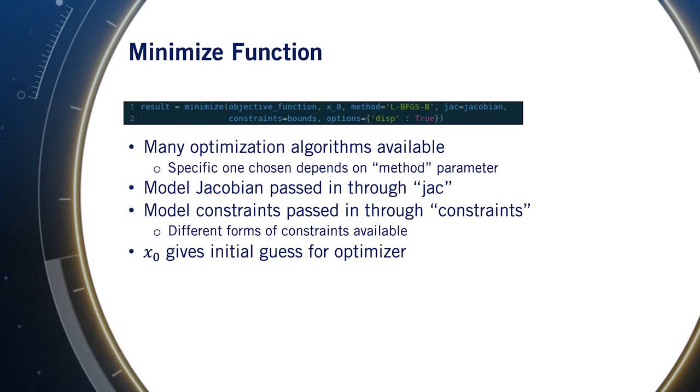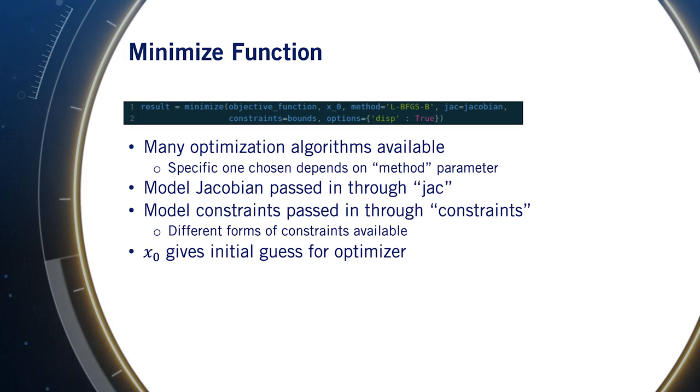For example, in the L-BFGS-B algorithm that we'll use, we require not only the model to minimize, but also the model's Jacobian and variable bounds. In the case where the model is a single scalar valued function, the Jacobian reduces to the gradient. This Jacobian is passed to the minimize function through the jac parameter, as shown in this function call. The actual function we wish to minimize is the first argument to the minimize function.